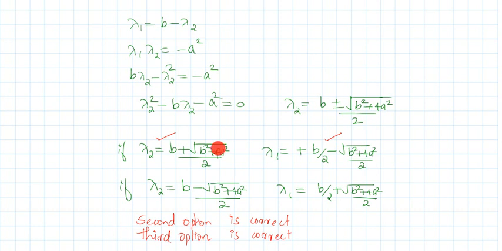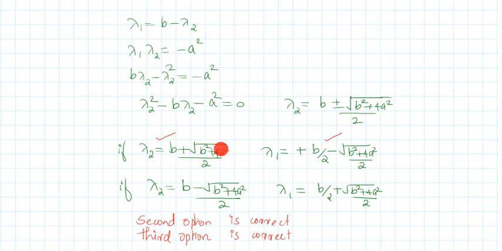Since A is greater than 0, this square root value will always be greater than B. If A is 0, this square root is simply B, then this becomes B plus B by 2, that is B. But this square root is always greater than B. So one of the eigenvalues will be greater than B. I think it is clear.